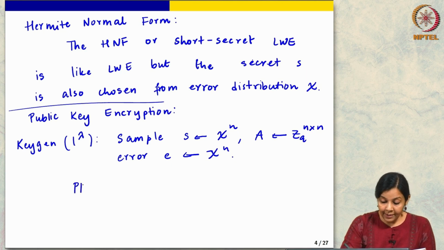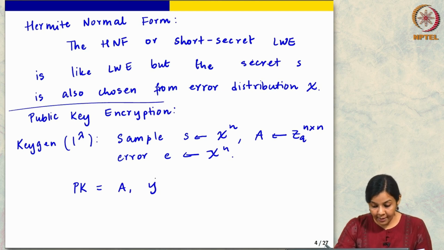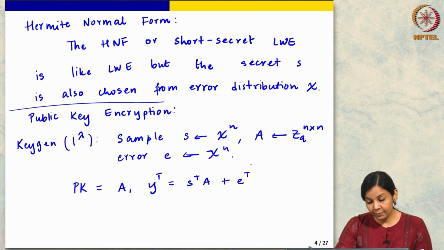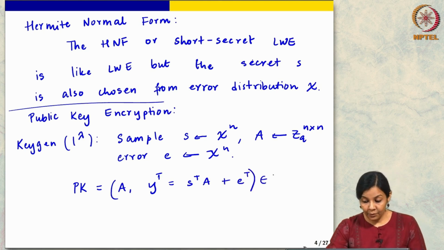Let the public key be A and Y, which is S transpose A plus E transpose. So this is going to be in Z_Q n by n cross Z_Q n.